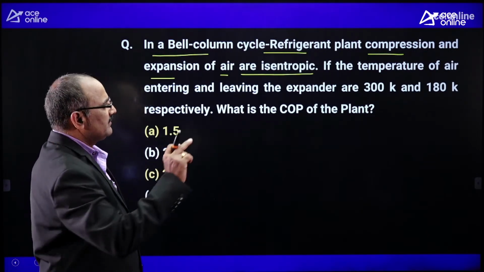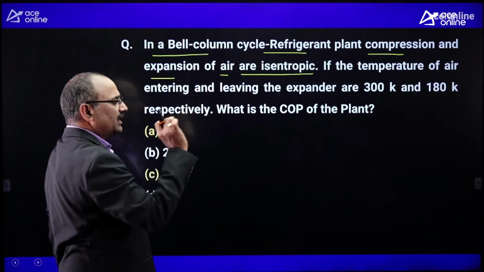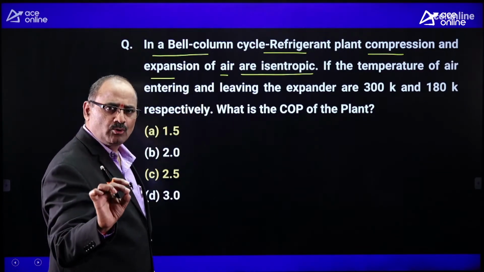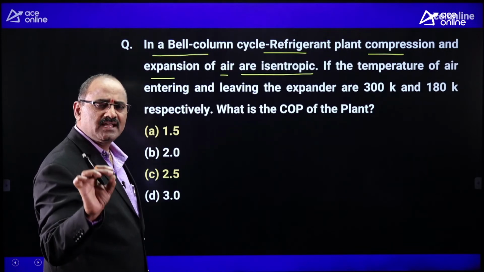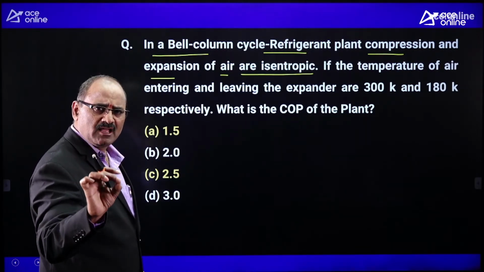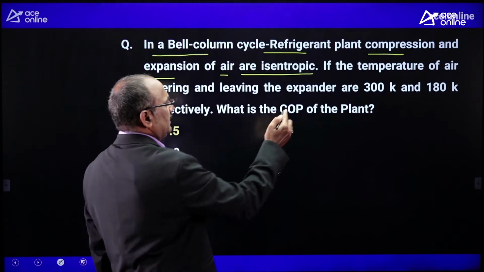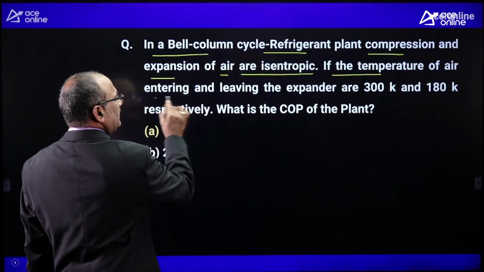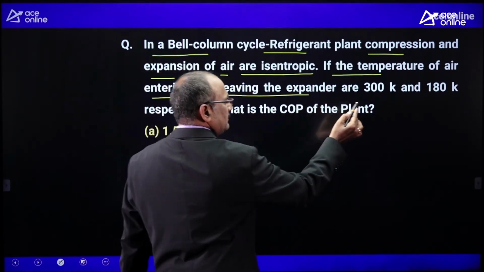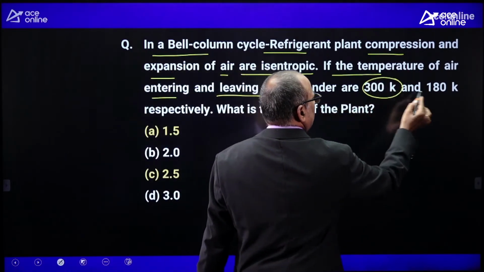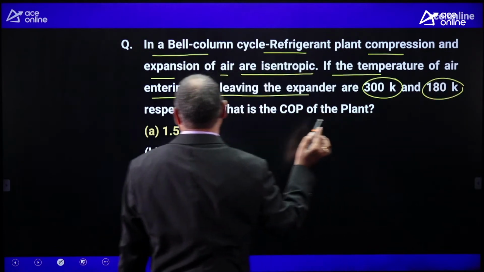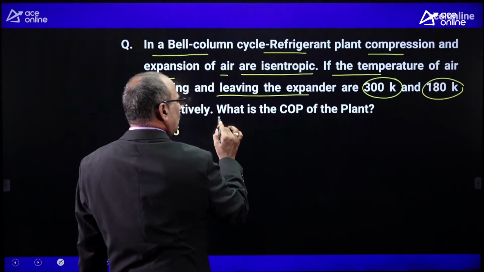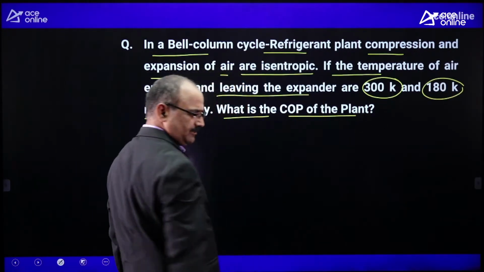That too it is given compressor and expander are working isentropically, means reversible adiabatically. If the temperature of the air entering and leaving the expander are 300 Kelvin and 180 Kelvin respectively, what is the COP of the plant?